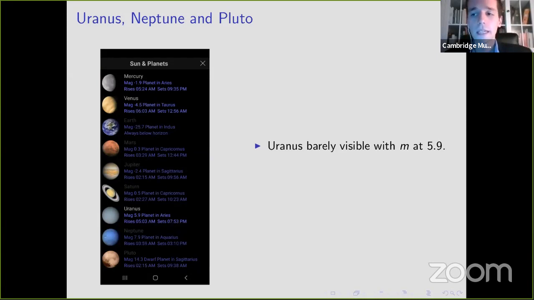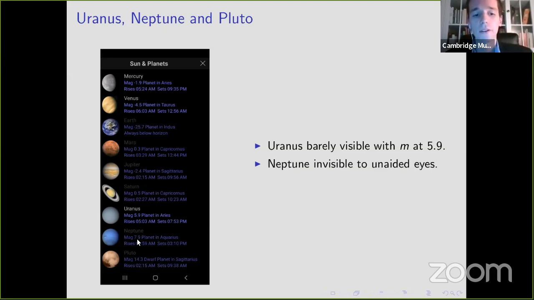Let us look at the other planets, the non-classical planets, Uranus, Neptune, and Pluto. Uranus is barely visible with a magnitude of about 5.9, so it's just the limit of visibility.